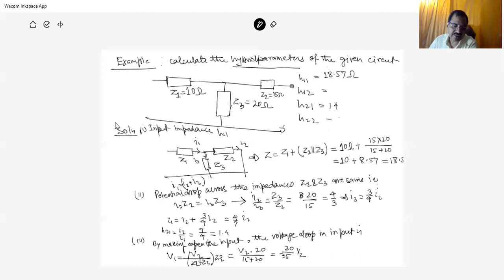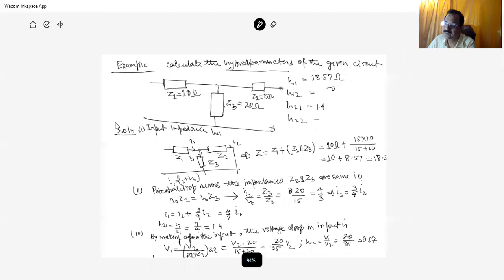So in this case, if we calculate the reverse voltage gain, H12 is equal to V1 upon V2. That is 20 upon 35. So it is 0.57.